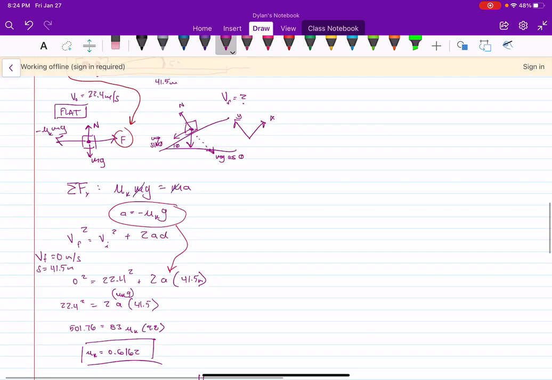So I did my sum of forces in the x direction, which is basically going to be the force of friction, which is opposite to the force of the car going in the other direction, which is its acceleration times mass.